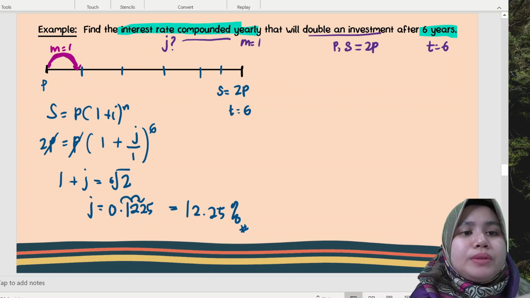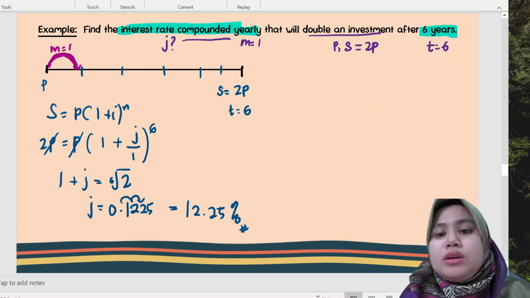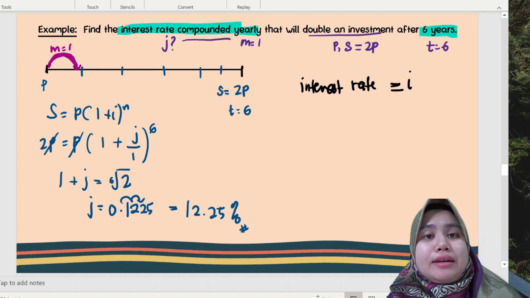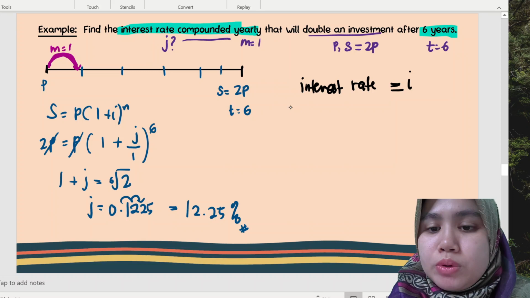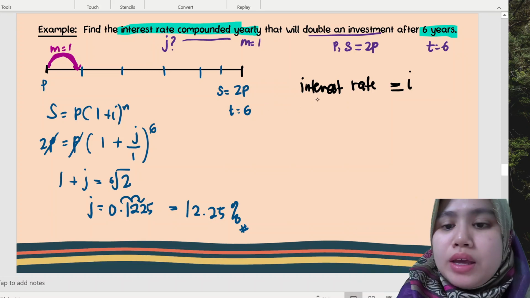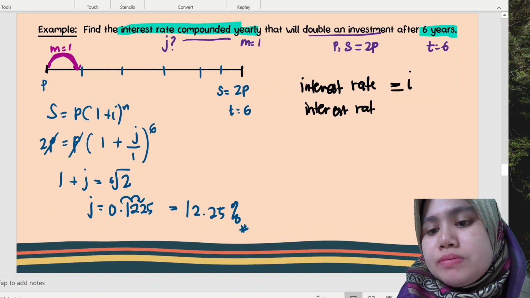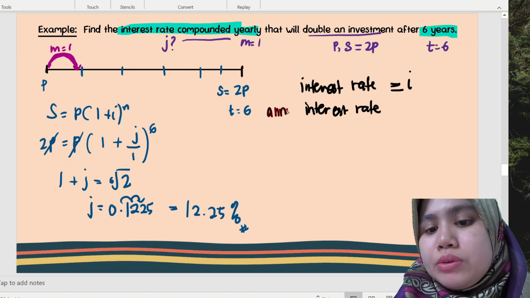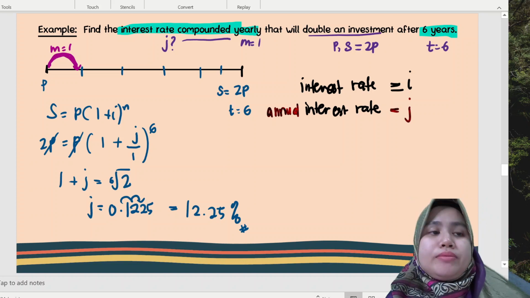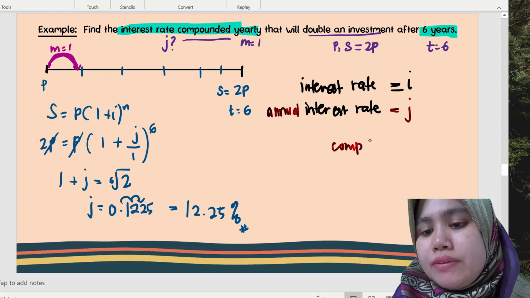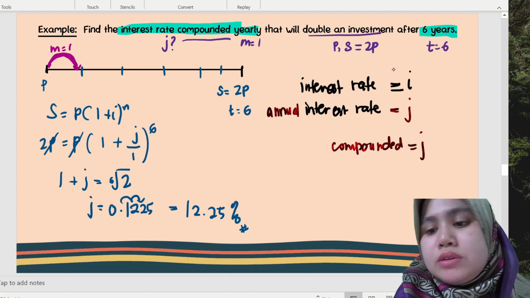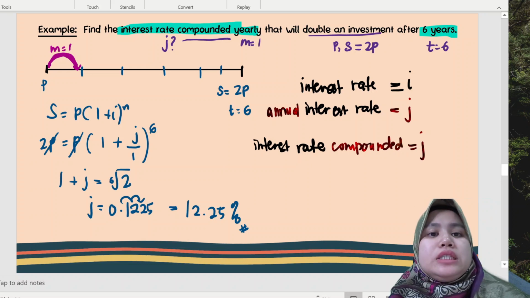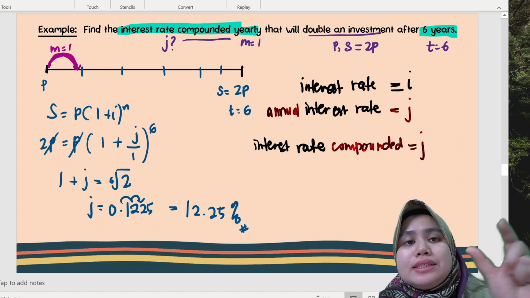This time I will highlight to you: if the words are interest rate, it is I. If you have annual interest rate, it is J. And next you have the word compounded: interest rate compounded, that is J. That's the difference that you need to know, what the question is actually asking.